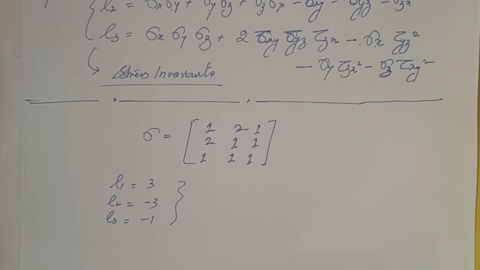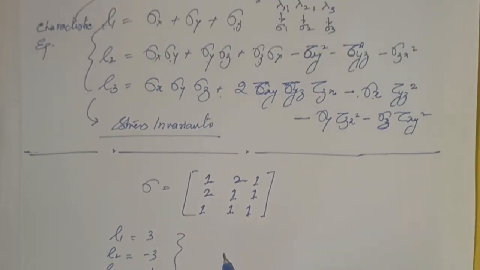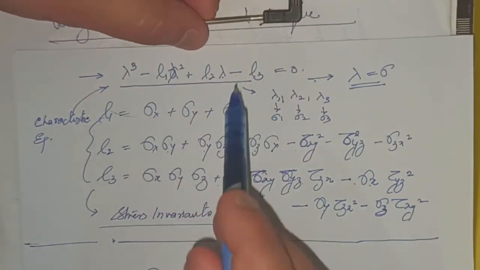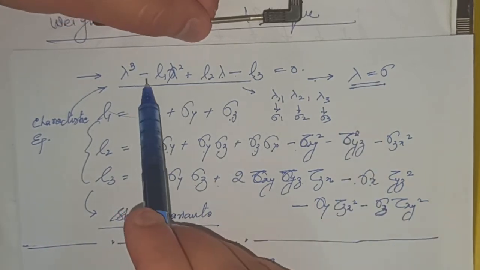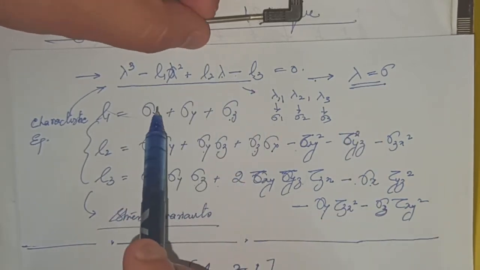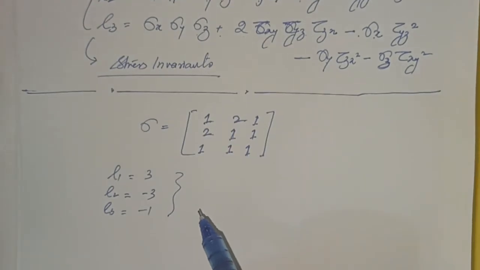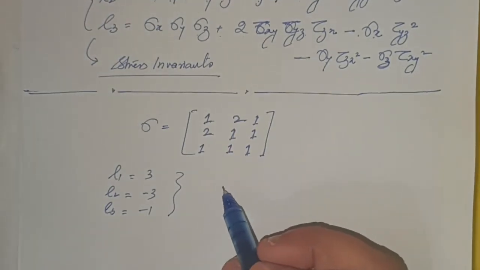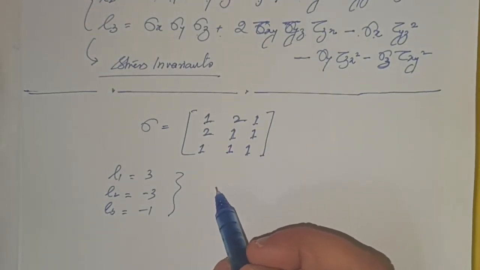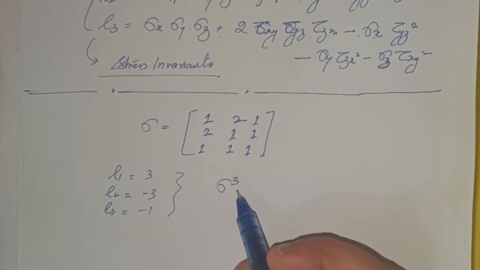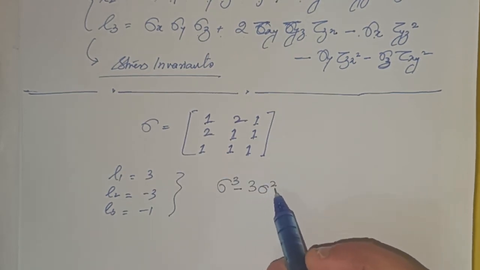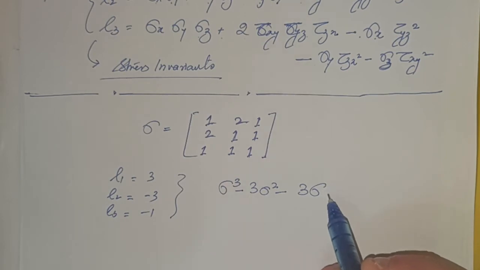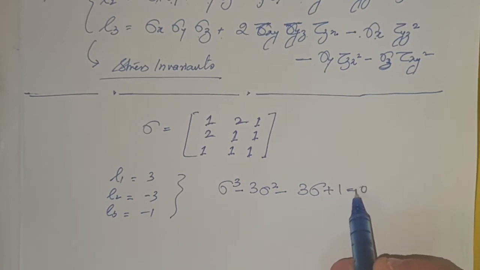Now let's construct the characteristic equation. You have a characteristic equation like this. You can replace lambda by sigma, so you'll be getting directly the stresses. So you will be having sigma cube minus 3 sigma square minus 3 sigma plus 1 is equal to 0.